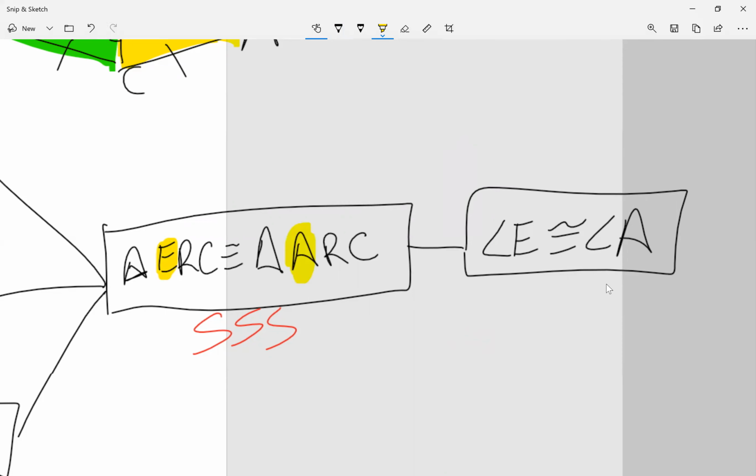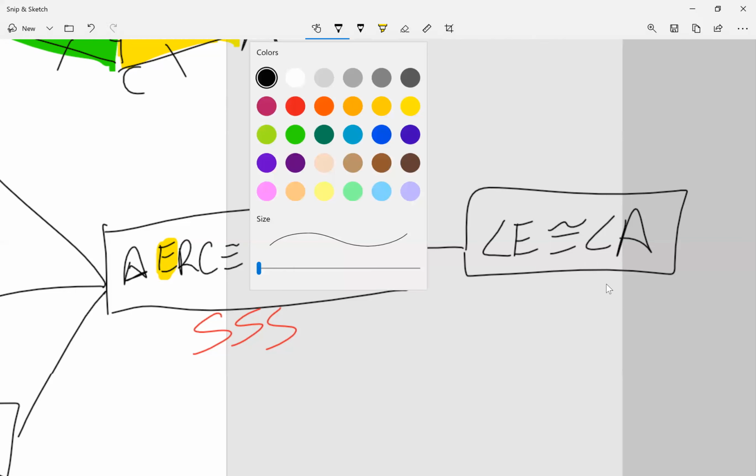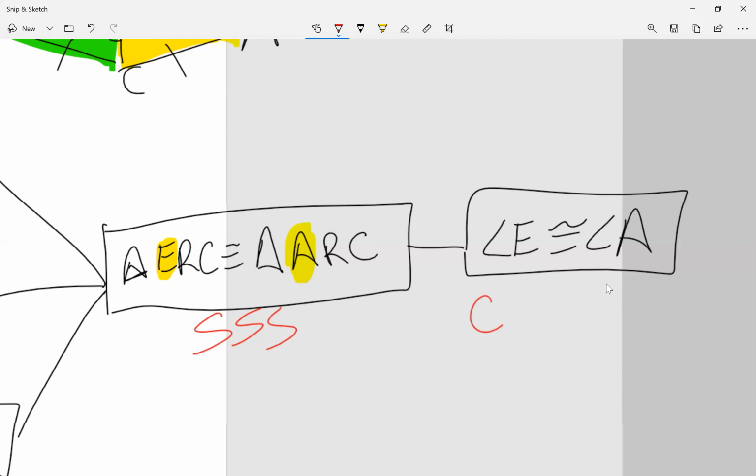Didn't I say something about that? When two triangles are congruent, corresponding angles and corresponding sides are congruent? So I'm going to answer this as corresponding parts of congruent triangles are congruent. That's my answer.